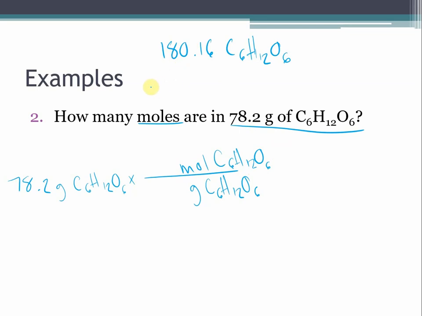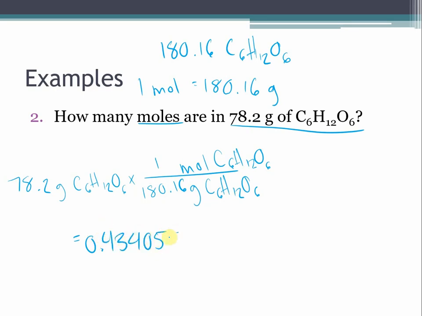This is the molar mass, which means that in 1 mole of glucose, there are 180.16 grams of glucose. So we'll fill in 1 mole and 180.16 grams. When you plug that into your calculator, 78.2 divided by 180.16, your calculator is going to say 0.434059.